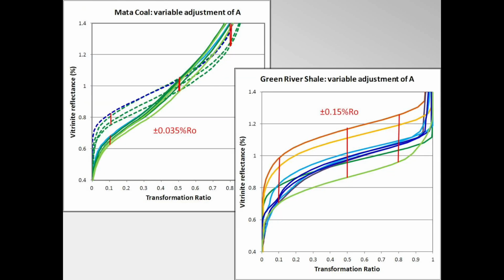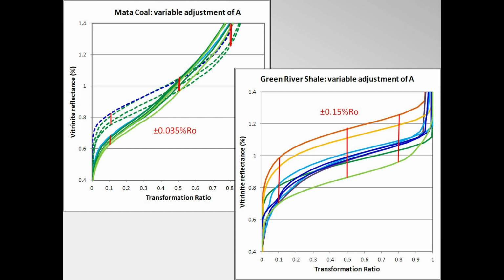As we have seen, the Mata coal is not homogeneous, but when we separate it into the two organophases, each of them is quite homogeneous, with uncertainty levels in vitrinite reflectance being about 0.035%.